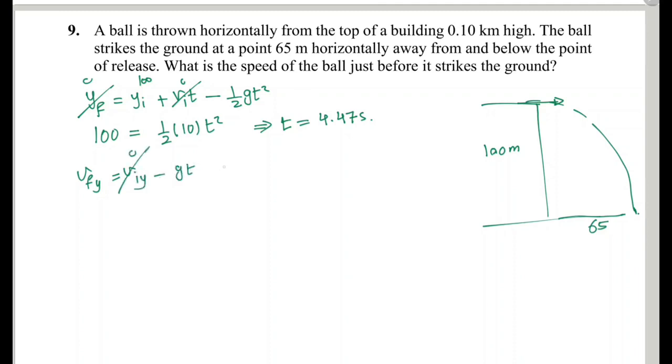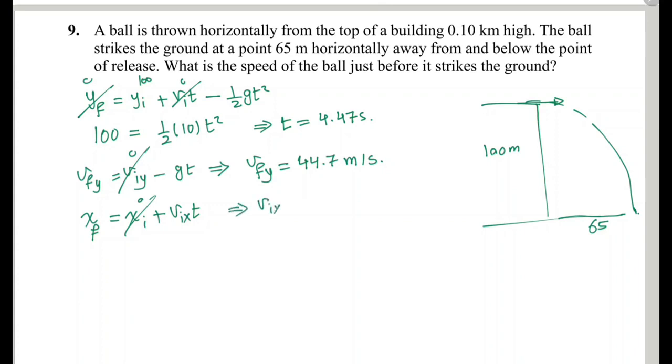Now the final y velocity equals the initial y velocity minus g t. This is 0 and you substitute t and g in this case. So the final y velocity equals 44.7 meters per second. X final equals x initial plus the initial x velocity times t. Again, this is 0.